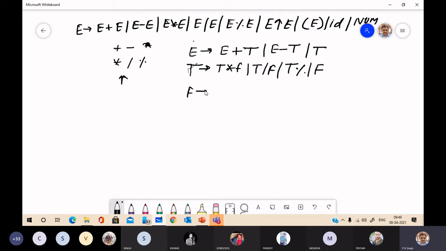Now F is P, right, is recursive: P to the power F or P, and P is E, num, and ID.